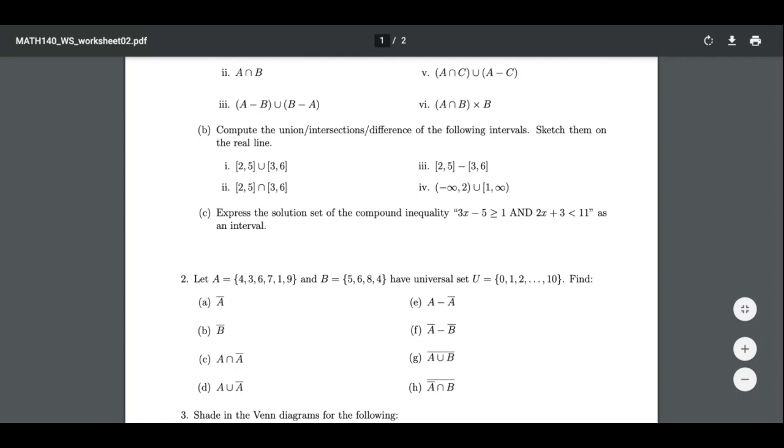Let's see. Okay, Jin Qi, you want to try this one? What are we doing? You can type in your chat.